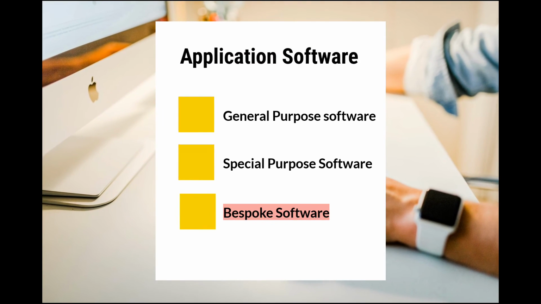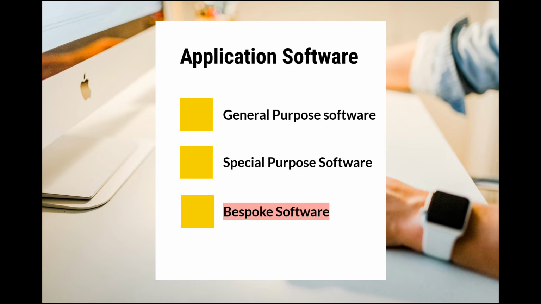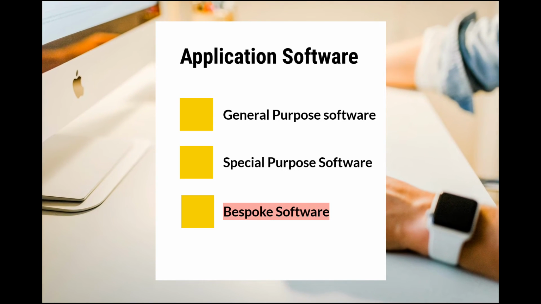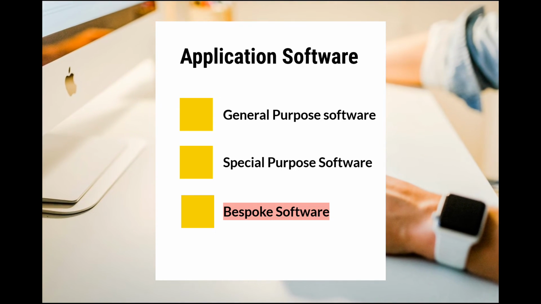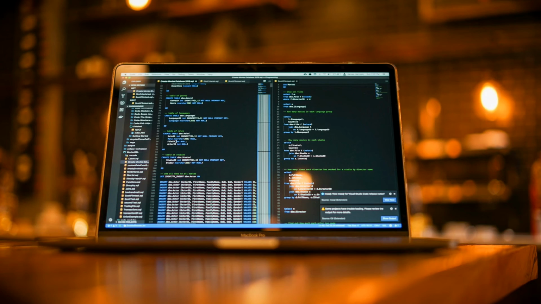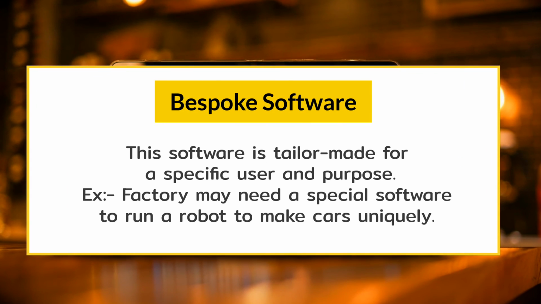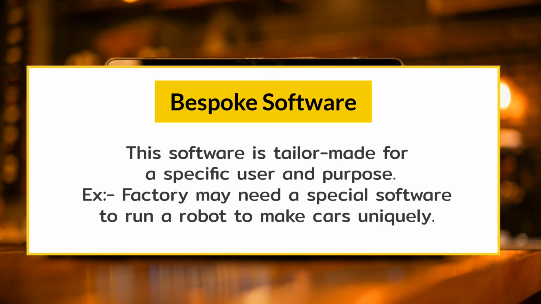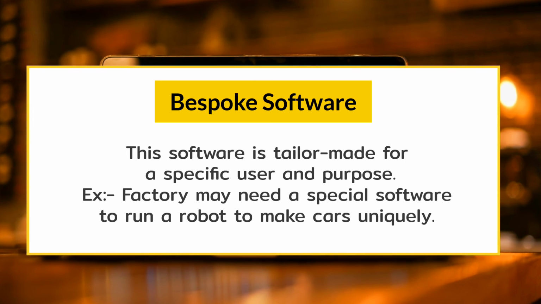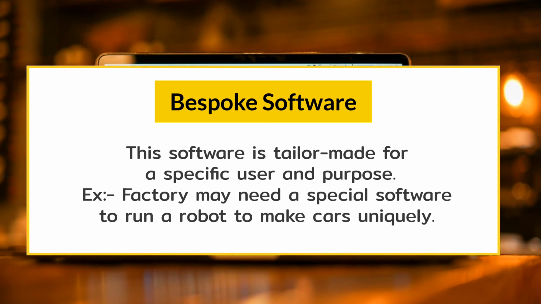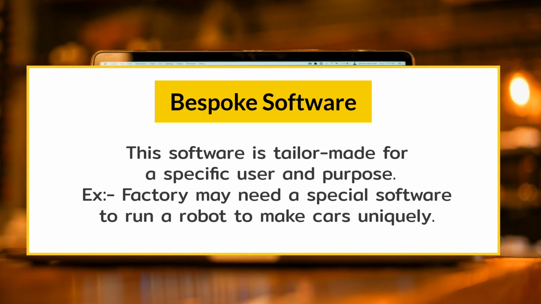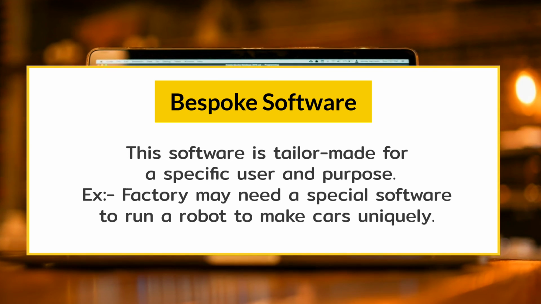Let's learn the last category of application software, that is bespoke software. This software is tailor-made for a specific user and purpose. For example, a factory may need special software to run a robot to make cars uniquely.